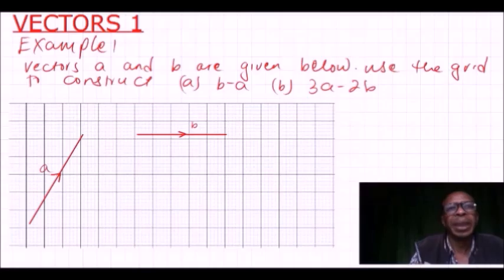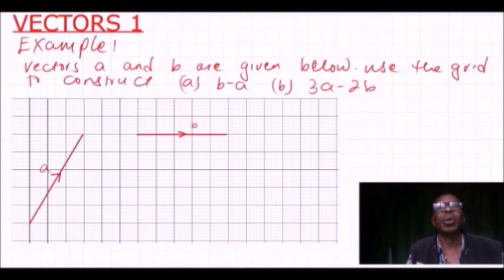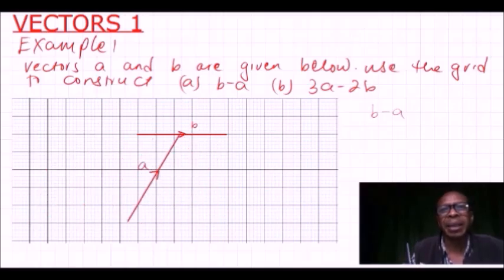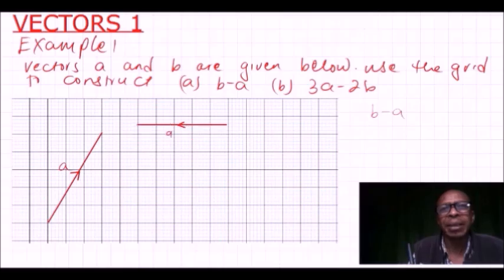So we now bring our grid again, and those are the vectors that we have. So we want to construct, suppose we are told B minus A. We can take B here, and this is A, and we can put it like that.